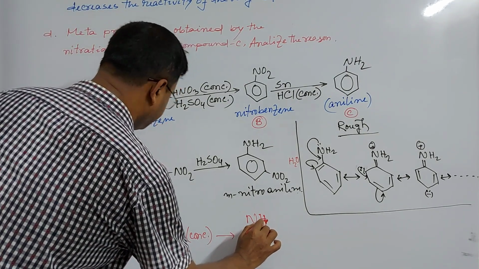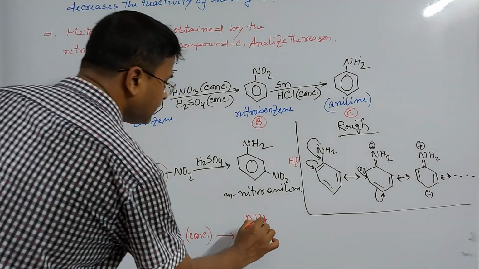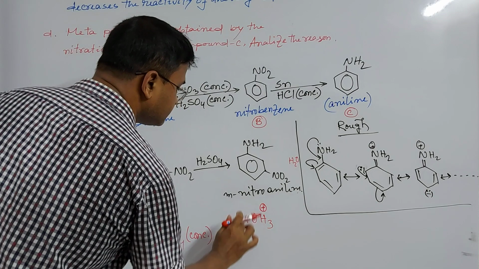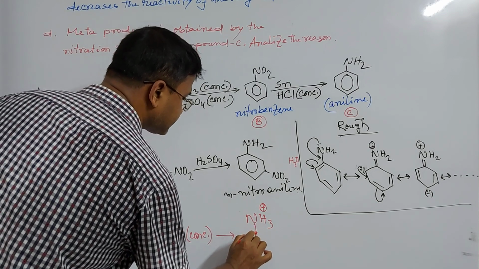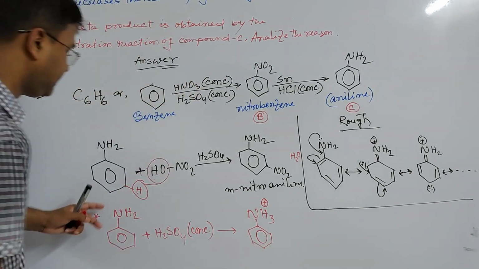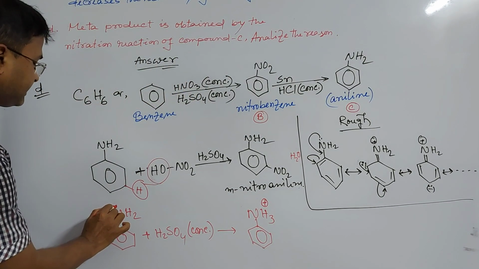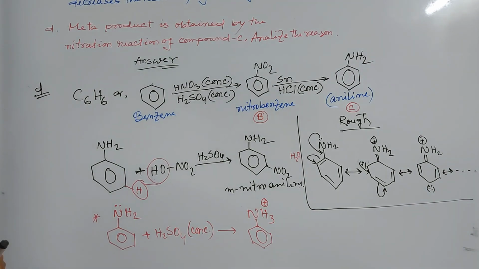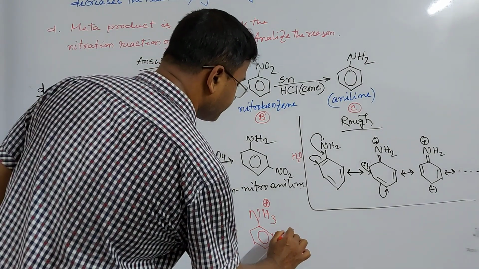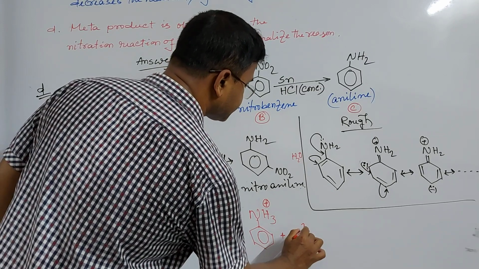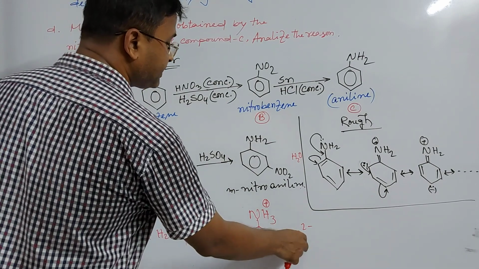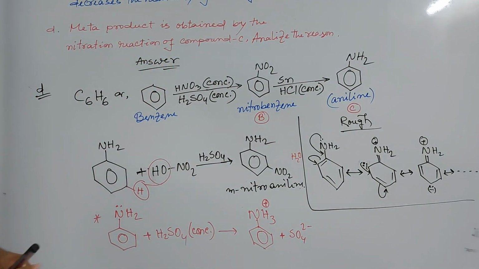One proton is given by sulfuric acid, which is accepted by aniline, because all of you know that aniline is basic in nature. That's why it accepts a proton. It may be anilinium sulfate also, but I have written sulfate separately to make you understand easily.